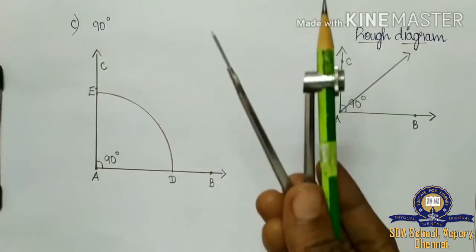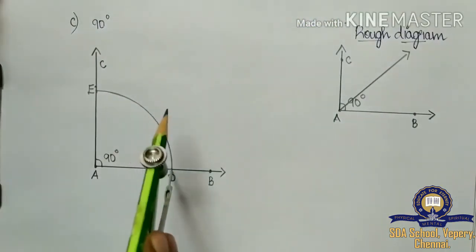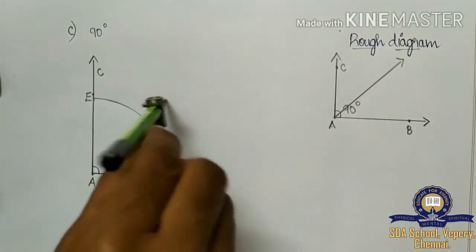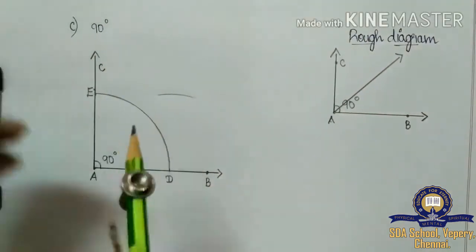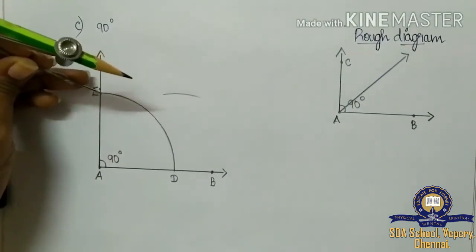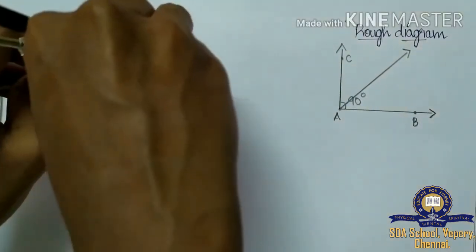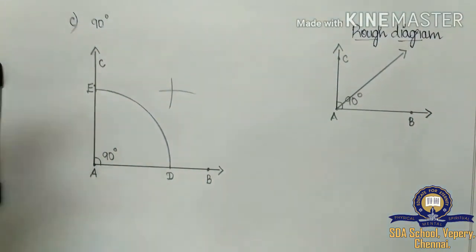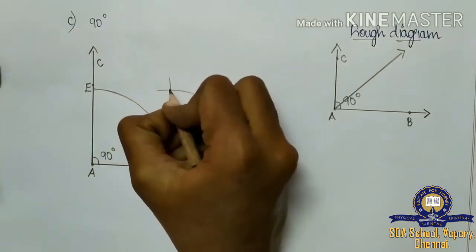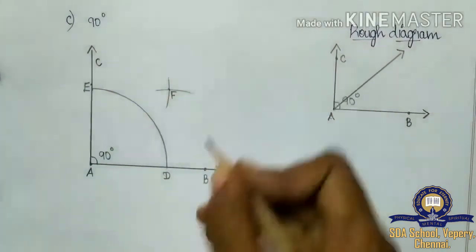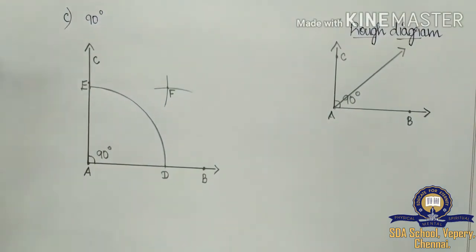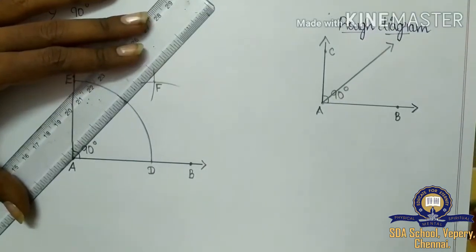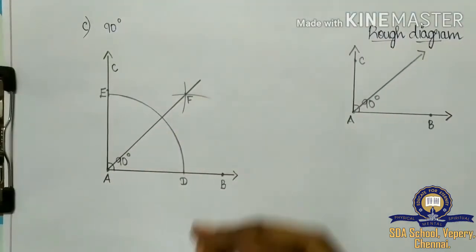With the same radius, don't change, D as center and draw an arc and E as center, draw another arc and mark the point of intersection as F. Now join the line AF.